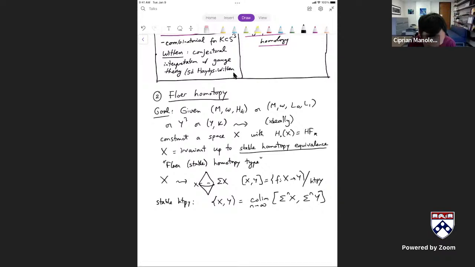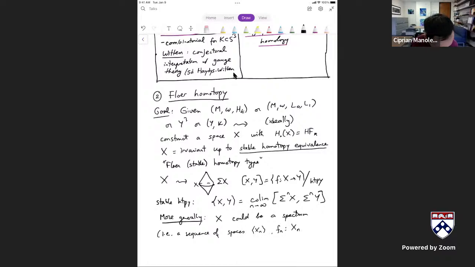Okay, so this is ideally. More generally, sometimes it's not a space, but X could be a spectrum in the sense of algebraic topology, i.e. a sequence of spaces X_n with maps F_n from sigma X_n to X_{n+1}.